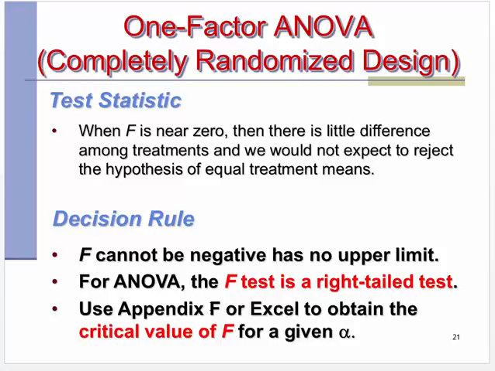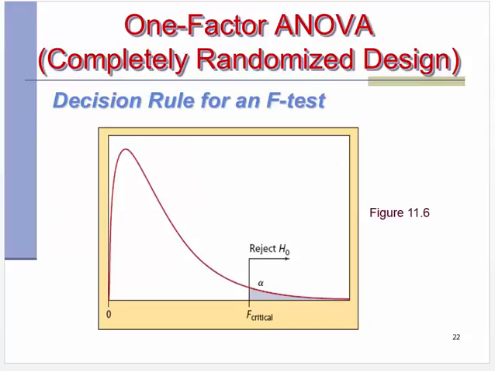At this moment you can pause and go to your textbook, and in the back you will see appendix F. You will see the F table, which gives you the critical value of F. Again, the F-test is a right tail test.